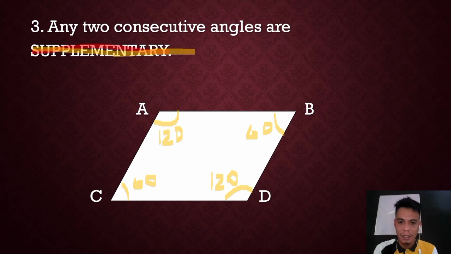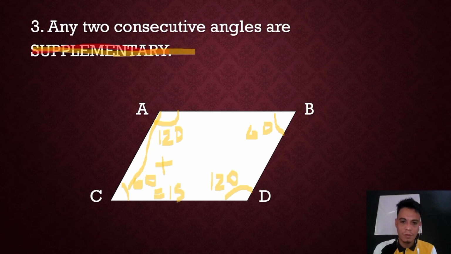Example, angle A and angle B, magkasunod. So 120 plus 60 is 180 degrees. So supplementary po siya. Okay? I hope you follow. Example again, your angle A and angle C. So, dalawang magkasunod po yan, guys, no? So, kapag pinag-add natin yung dalawa, that measures 180 degrees.